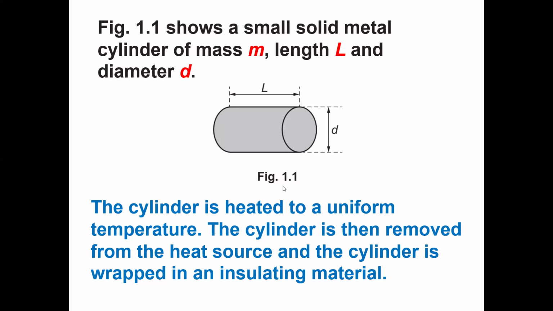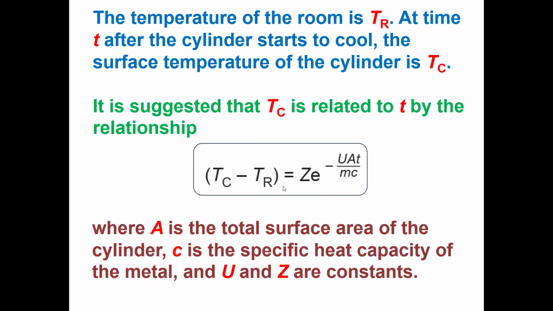So I think you people have heard this initial statement. You have the paper, you can see the screen also. Now, the temperature of the room is TR. At time t, after the cylinder starts to cool, the surface temperature of the cylinder is TC.